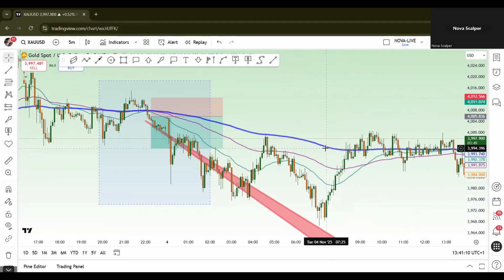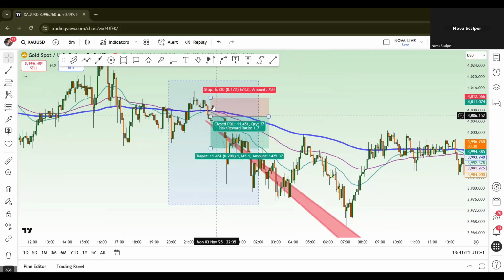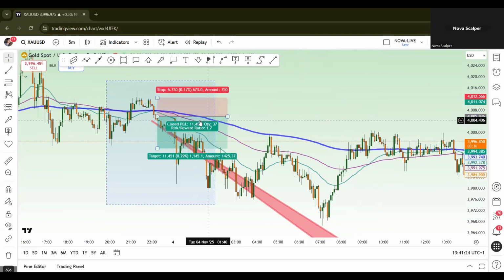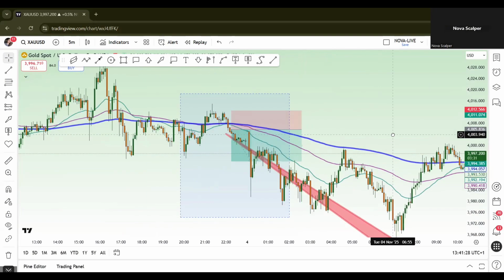And it is the start of the current downtrend. So this is how we can use the patterns with technical tools like EMA.